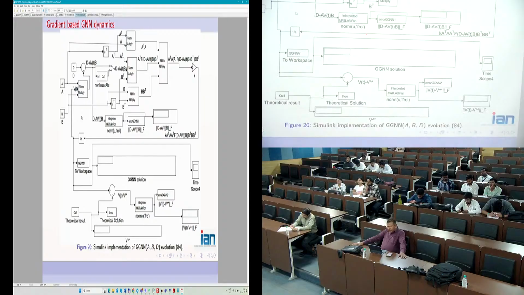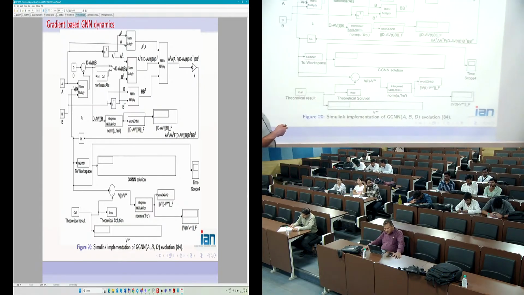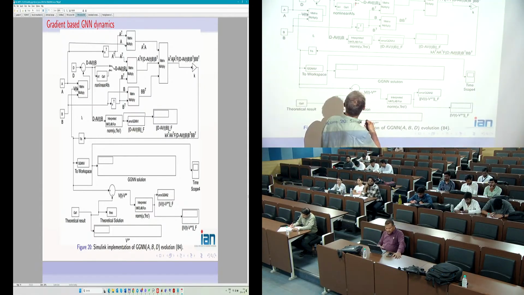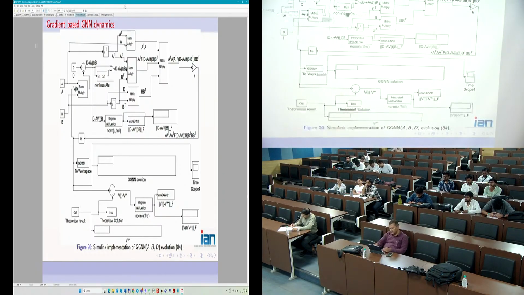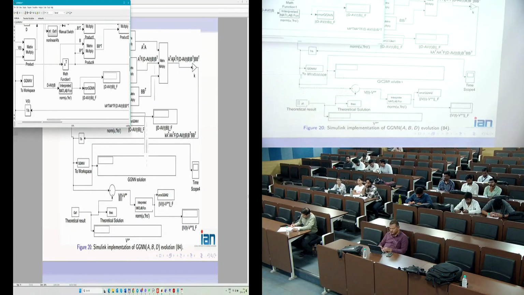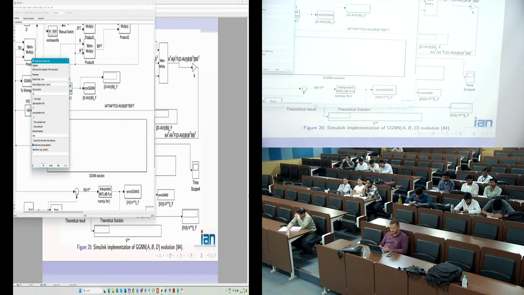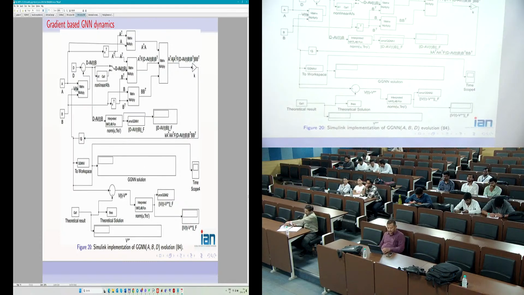And it was V dot, sometimes X dot. The definition of this is easy, linear. After the application of the integrator, we go to the output side of the GNN model.